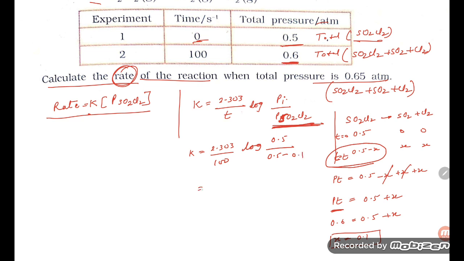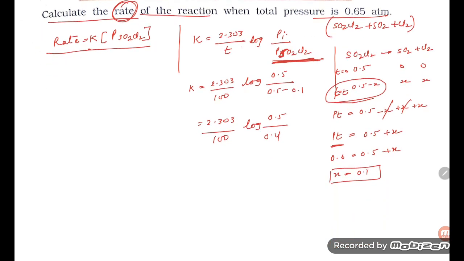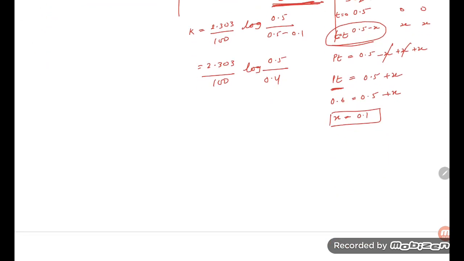So how much is going to come, students? 2.303 upon 100 log of 0.5 upon 0.4. Now students, the decimals have the same digits, so you can write 2.303 upon 100 log of 5 upon 4. Log A by B, do you know, students, what is the formula of log A by B?